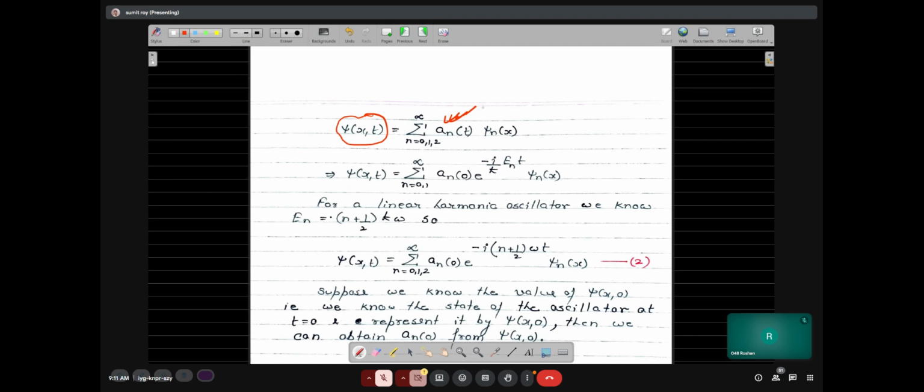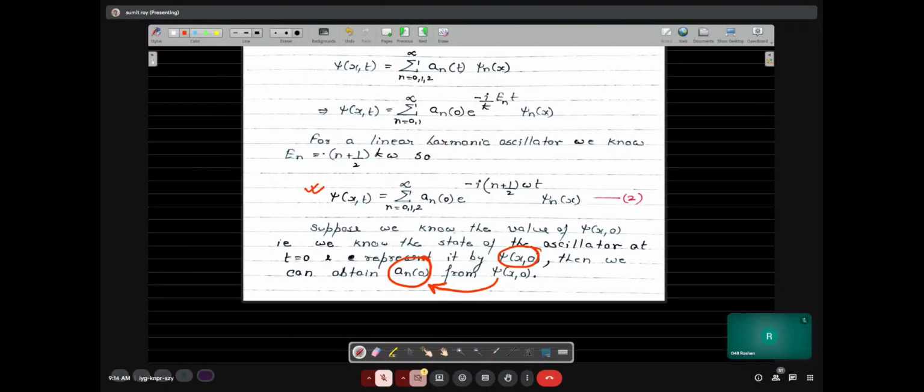Now, what is said next is, suppose we know the value of psi x0, that is the wave function at t equals 0, and if we represent that by psi x0, then we can obtain this an0 from this. This also we discussed, but doesn't matter. So we have a discussion on this right now also.